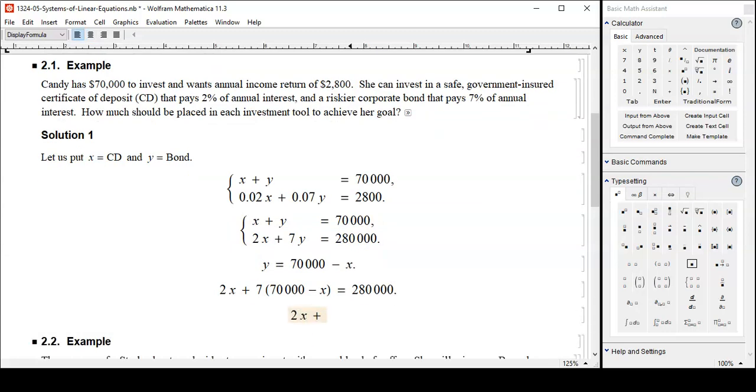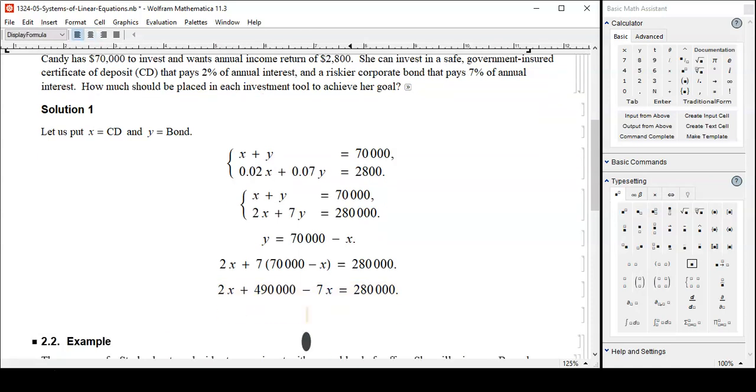All right, let's go ahead. 2x plus 7 times this, 49,000 minus 7x is 280,000. I hope I'm doing all those computations correctly. Let's see. Negative 5x equals 280,000 minus 490,000. Is that right? Too many zeros.